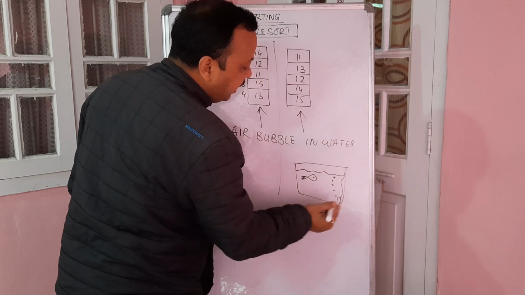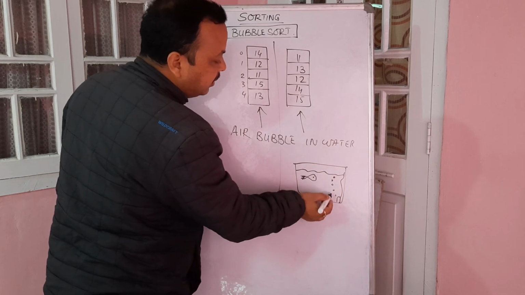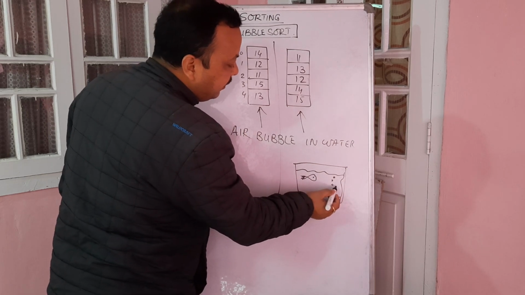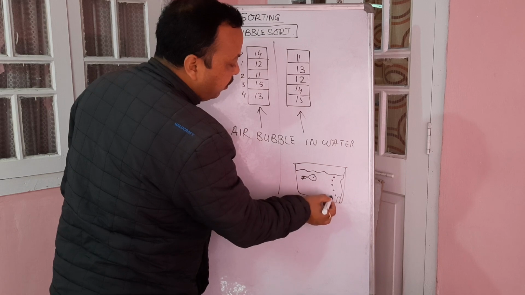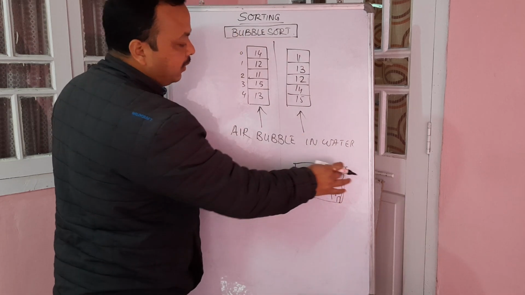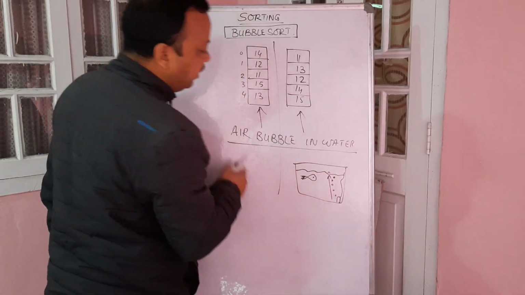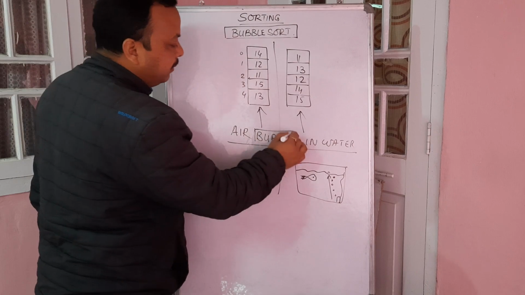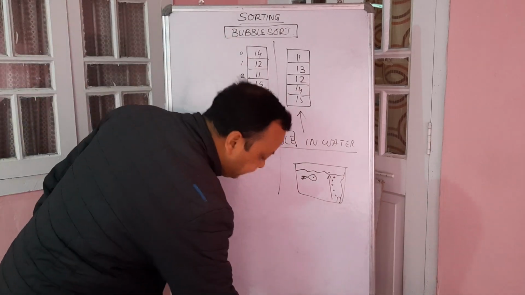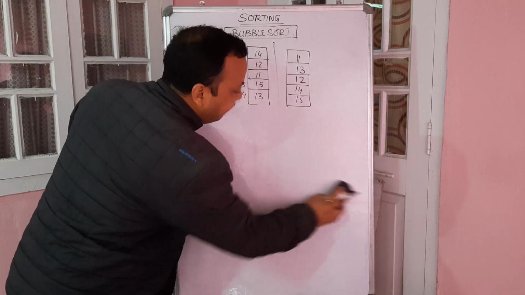These smaller air bubbles get distributed evenly throughout the water. Fish use these air bubbles to breathe, but the rest all go from bottom to top and burst open once they reach the surface of the water. So that same concept we will use here to understand bubble sort. I hope you understood the example. I'm going a little bit fast today.